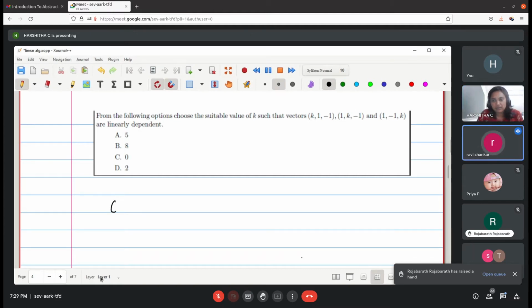I mean, all the coefficients should not be simultaneously 0. Yes, exactly.